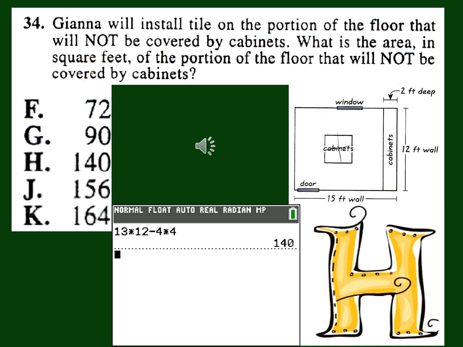That is going to be cabinets. 15 minus 2 is 13. So 13 times 12 minus the 4 times 4 is those cabinets that are in the middle. Each cabinet is 2 wide, so 2 of them are going to be 4. I subtracted those, I got 140 square feet.